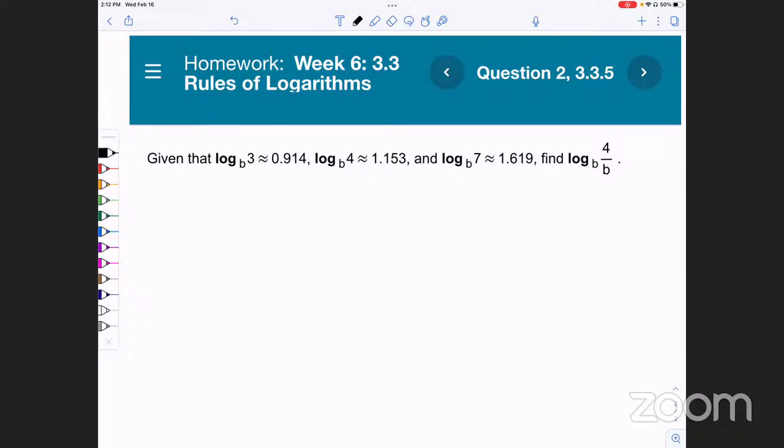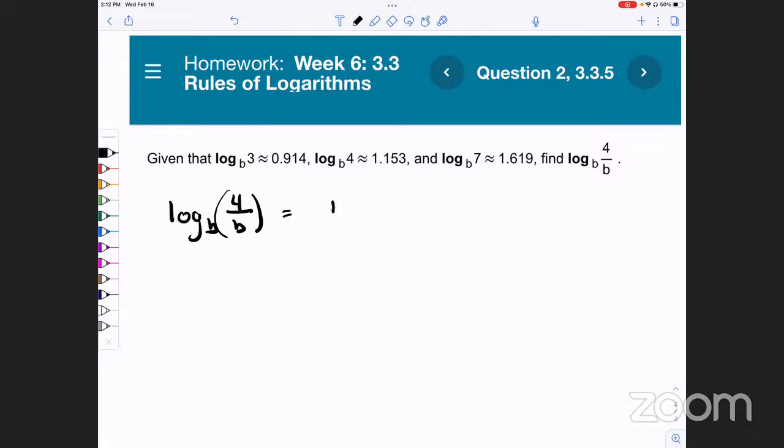So we're asked to find log base b of 4 over b. This is showcasing what's called the quotient rule. The product rule was the first one. This is the second rule, which is called the quotient rule. So the log of the quotient is the same as the difference of the logs, right?